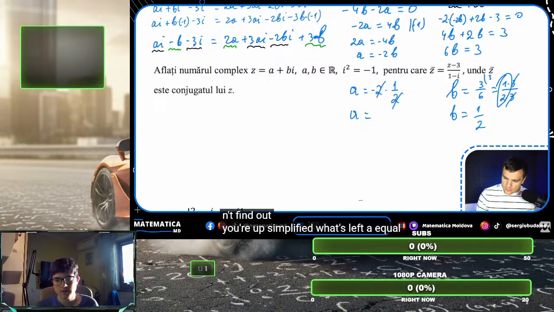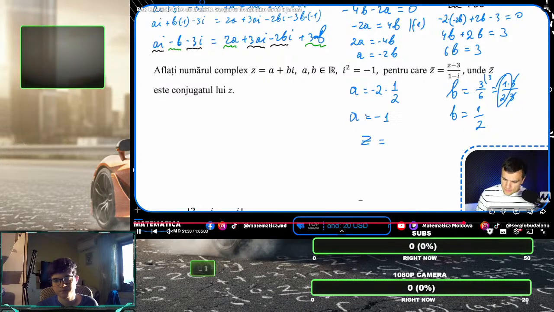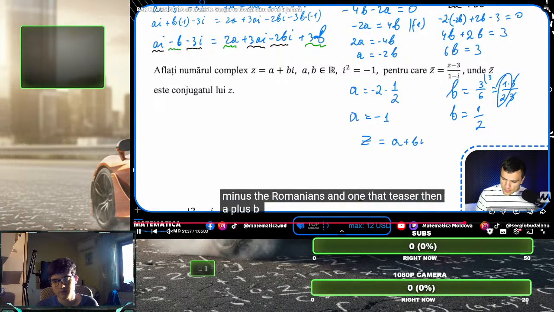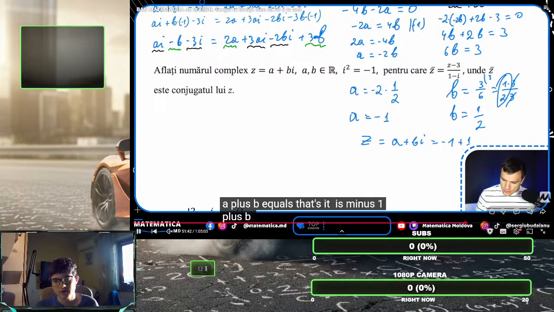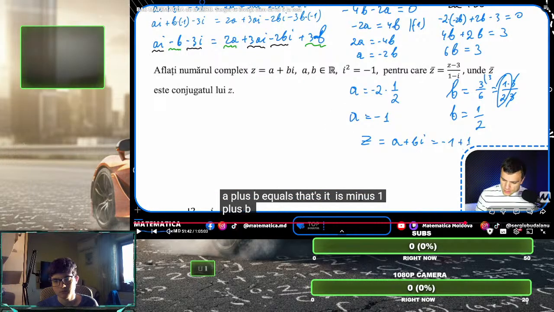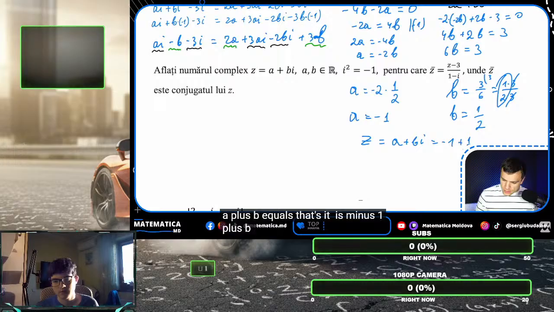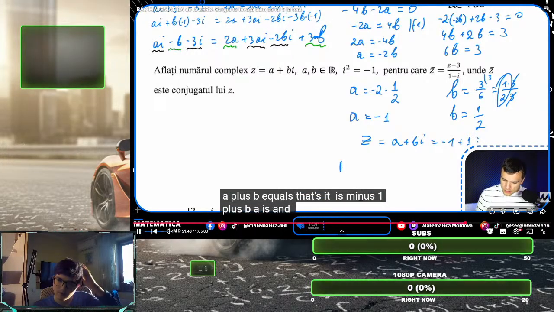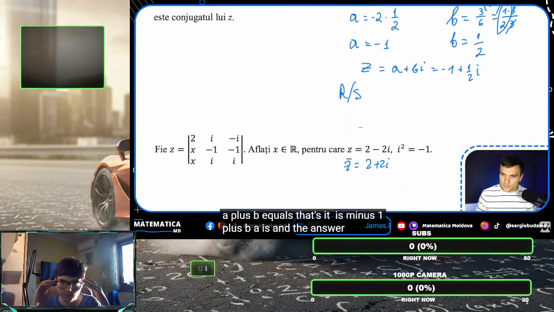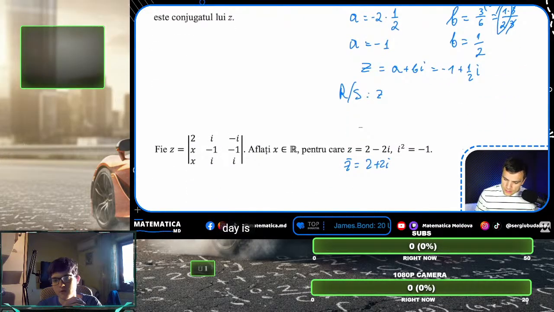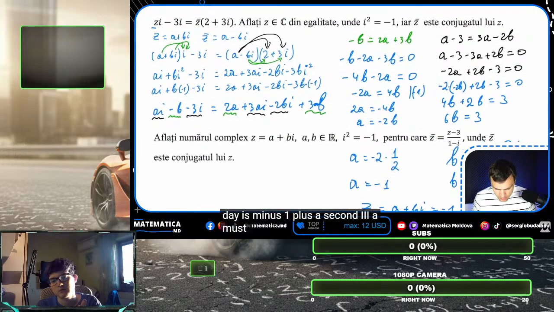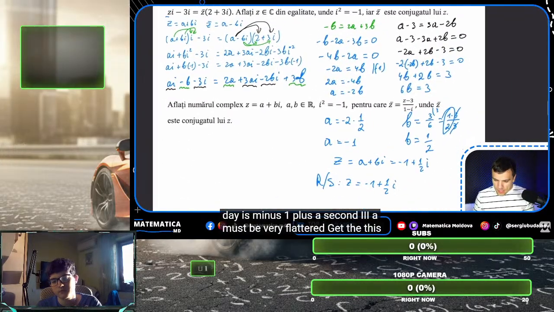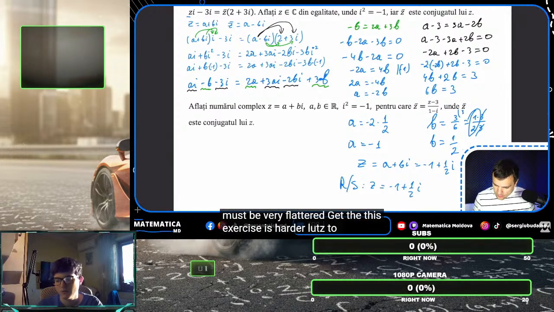So simplification and minus 1. So z is going to be a plus bi, because from the initial expression, minus 1 plus the b is 1 divided by 2. So that's essentially minus 1 plus 1 divided by 2 i. But I guess you can write it like that also. Yeah.